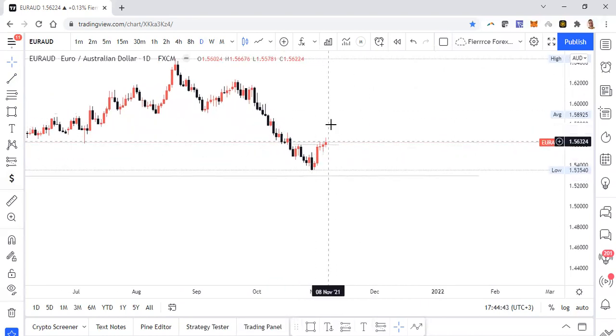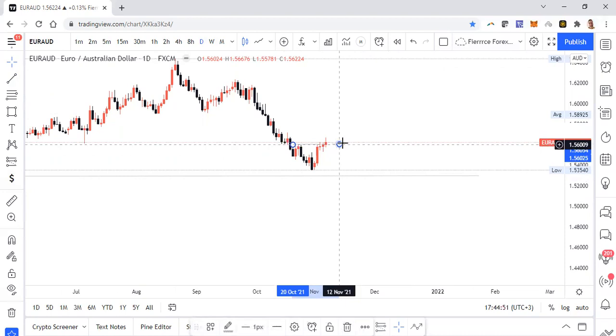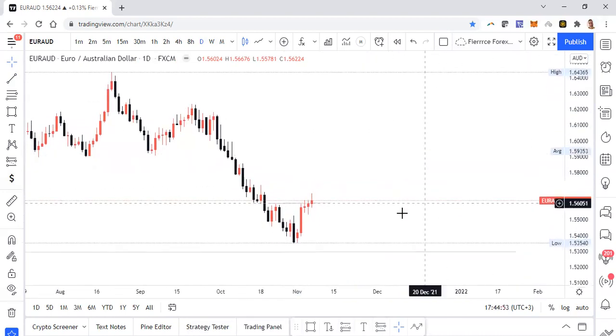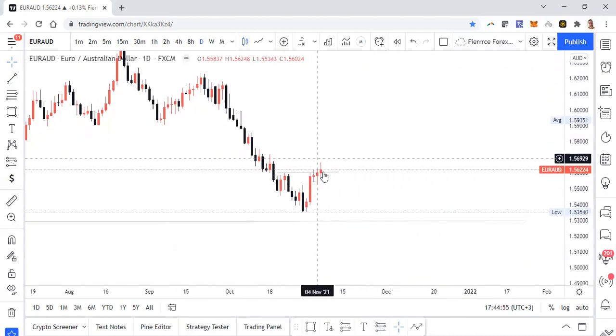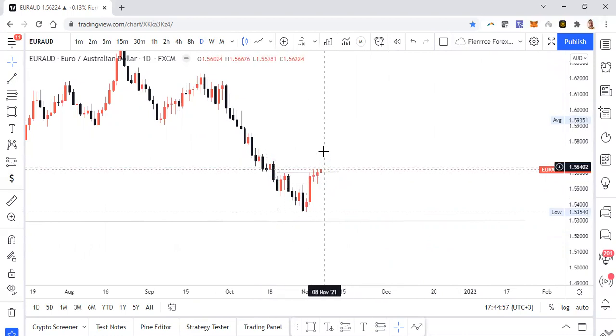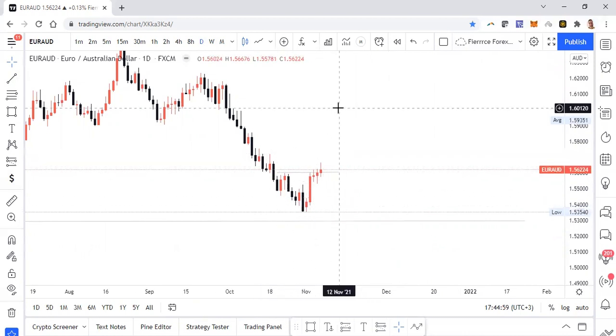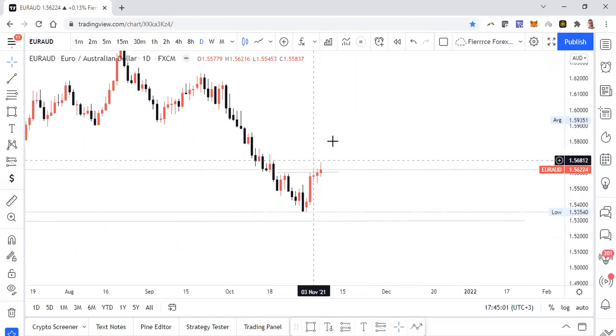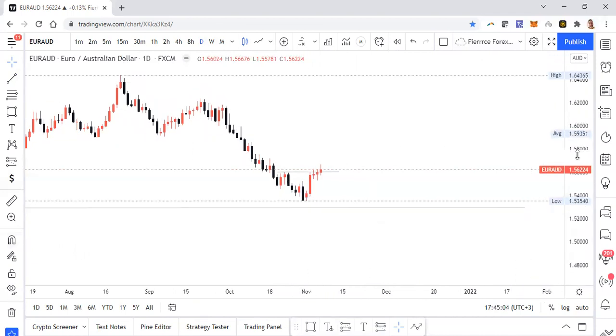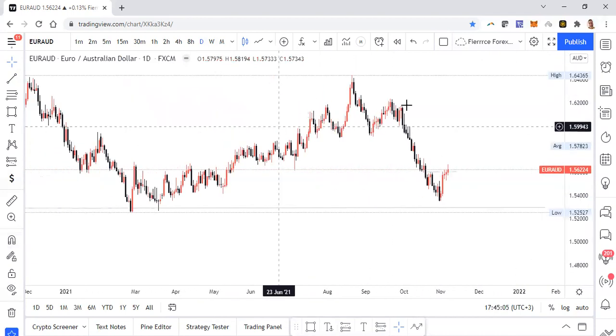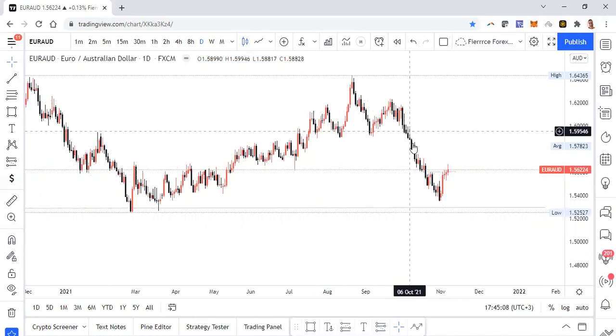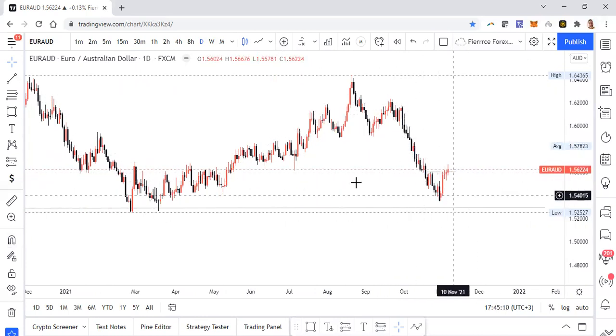And there's a bit of rejection. Yes, the market closed bullish on Friday, but there was a bit of a rejection topside. This is just an example that price was running up to take out previous liquidity or previous highs, and we may see consecutive moves down to the downside.